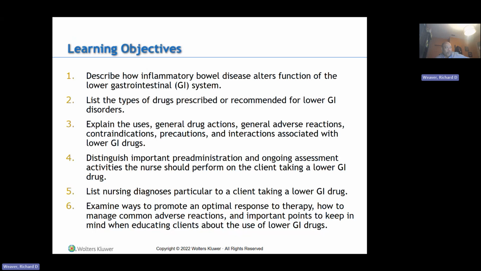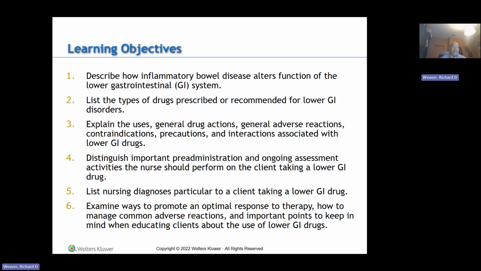And then, of course, the pre-admission and ongoing assessment, the appropriate nursing diagnosis relative to these disorders that we'll be discussing, and also ways to promote an optimal response to therapy, and especially how to manage common adverse reactions.